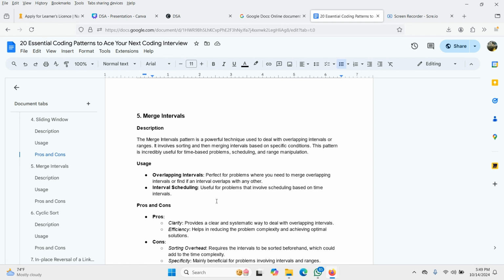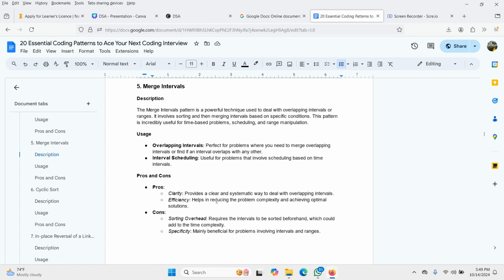It has a sorting overhead, which requires the intervals to be sorted beforehand, which could add to the time complexity. Next, it is beneficial for problems that are especially focused on intervals and ranges. So that's about the merge interval problem.